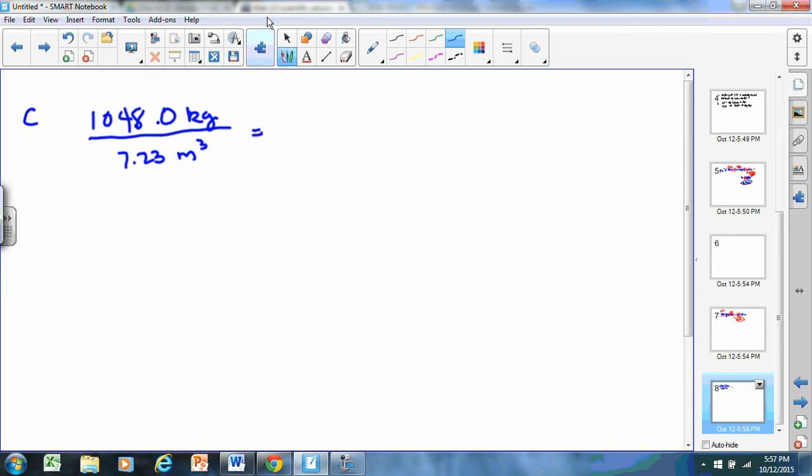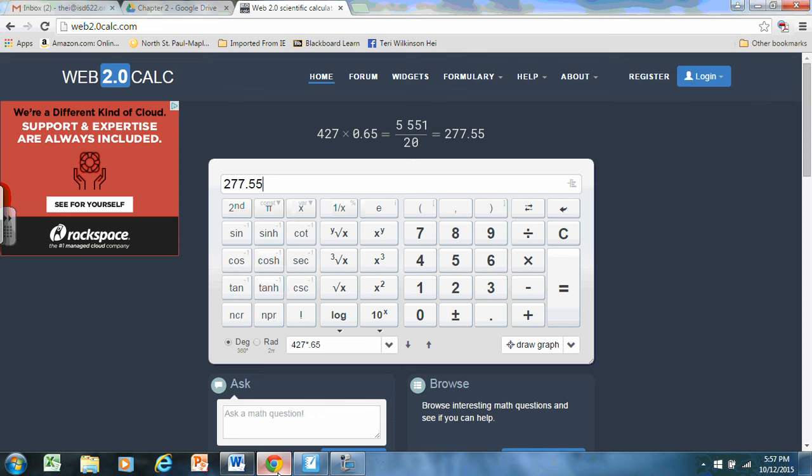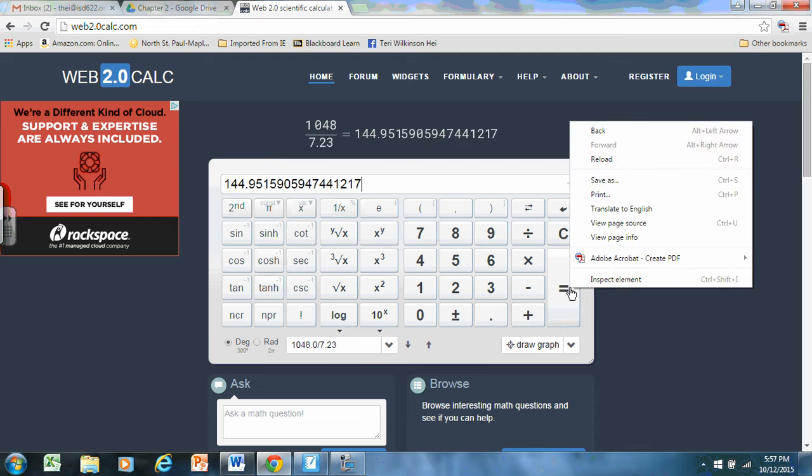Okay, step 1, do the problem like a 7th grader. So we're going to hit clear. We're going to do 1048.0 divided by 7.23 equals, oops, I got divided in there twice. That's not good. I'm going to hit equals.